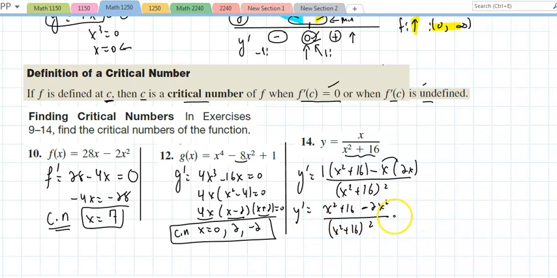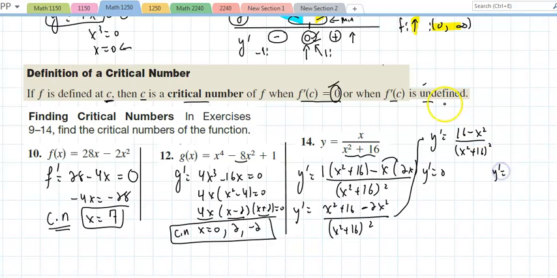This derivative would be 16 minus x squared over x squared plus 16 squared. So, where does the derivative equal 0? And where does the derivative not exist?